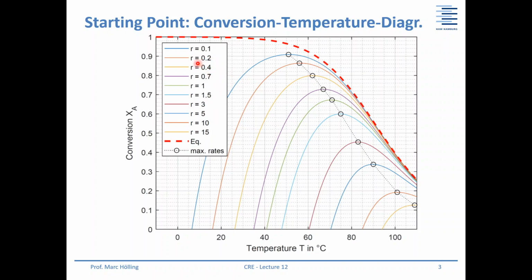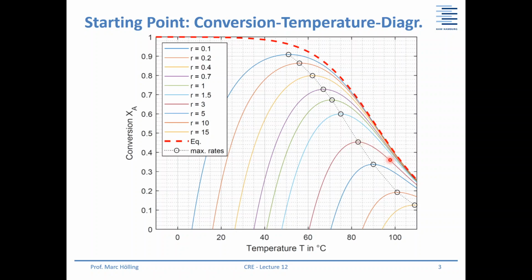The units are still mole per liter minute. And what you can see here is that, for example, if you look at this line, there you have a reaction rate of 3 moles per liter minute, and if the temperature is increased, then your conversion will go up.